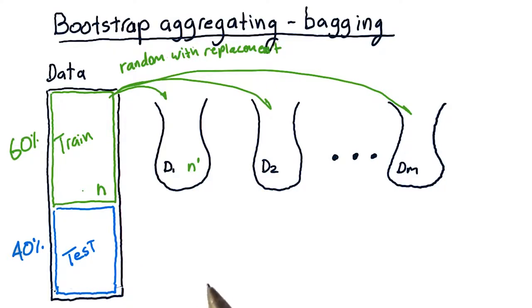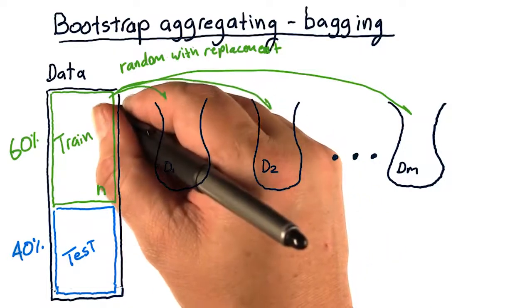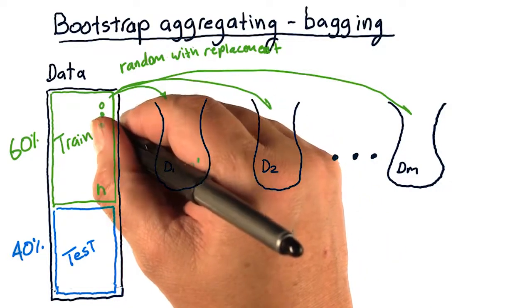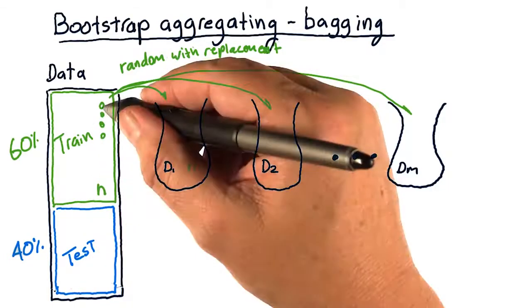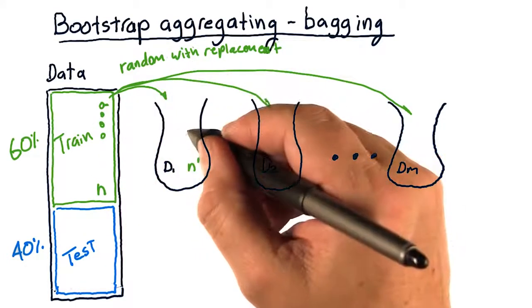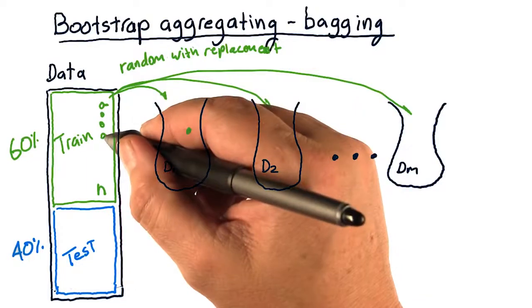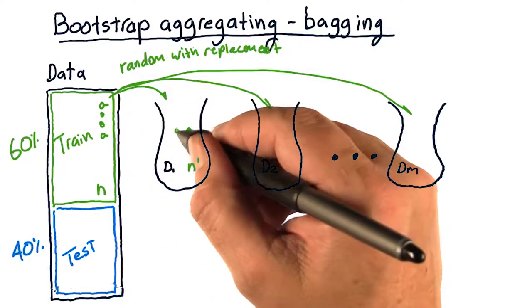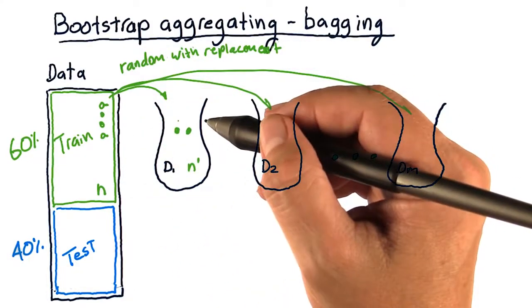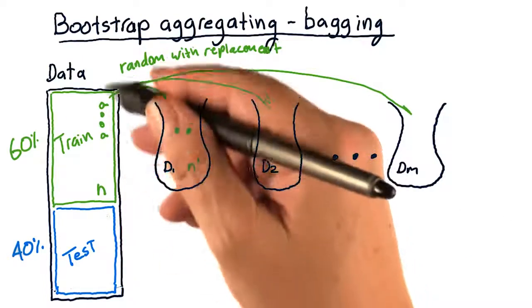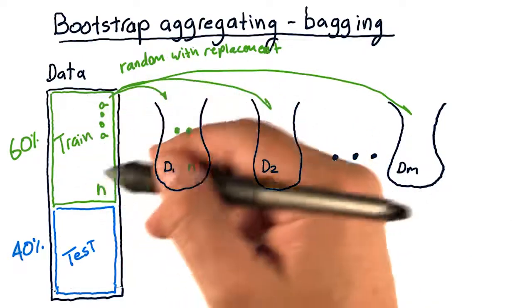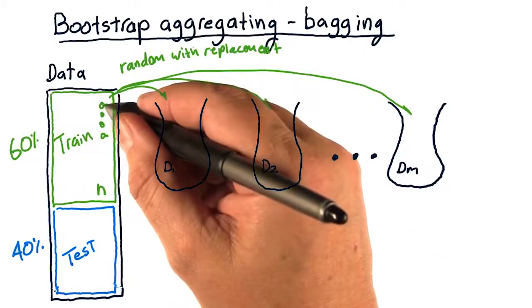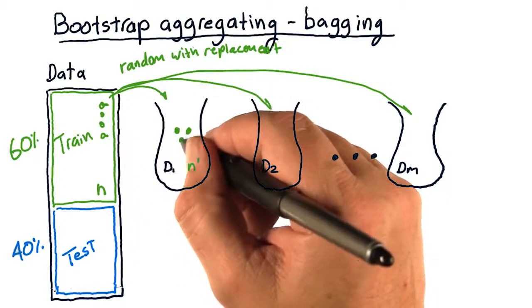What with replacement means is, let's say we had these values. We might grab this one and put it in our bag. We might randomly grab this one and put it in our bag. But each time we grab randomly, we randomly choose across the whole collection of data. So we might choose this one again and put it in the bag.